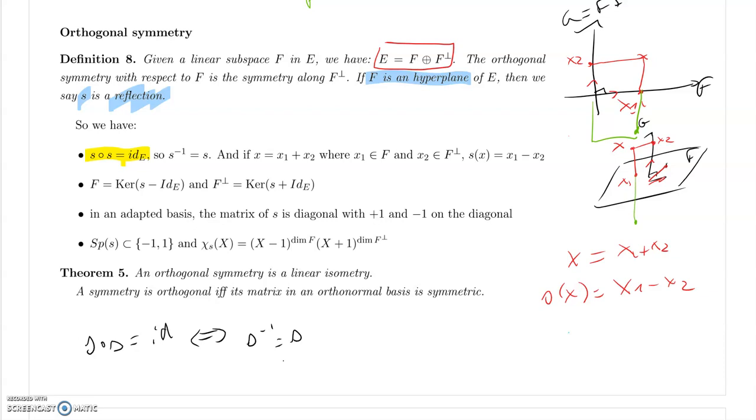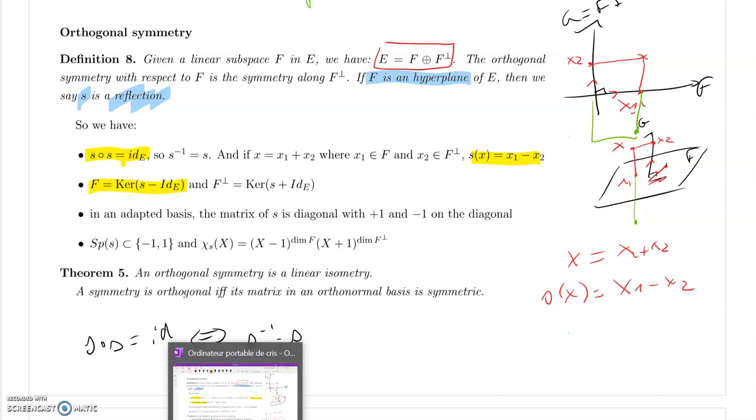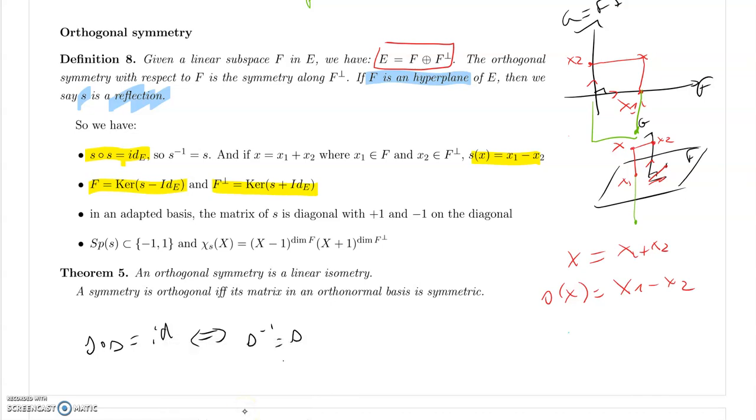Again, the symmetry is defined as we keep the x1 part and we subtract the x2 part, and F is the same thing as S minus the identity. The direction is going to be S plus identity, which is exactly the same stuff.